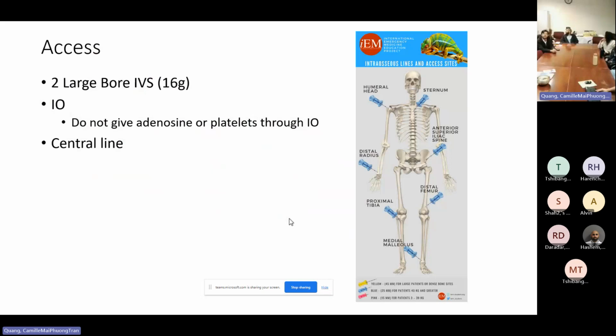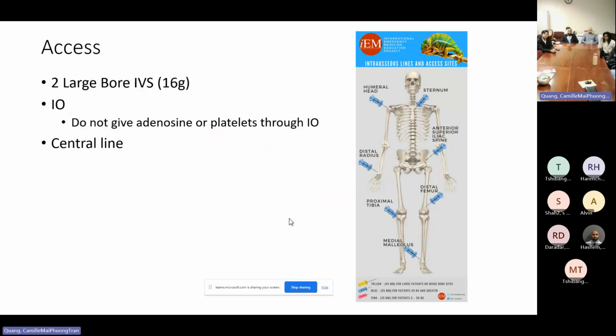Okay, so now we need access in our patient. We talked about this earlier, what counts as access. So two large bore IVs, typically 14 or 16 gauge, one on each arm, would be great. An intraosseous, or IO. These are all the different places that you can put an IO on an adult.